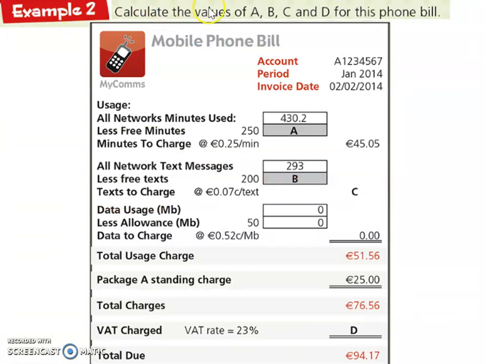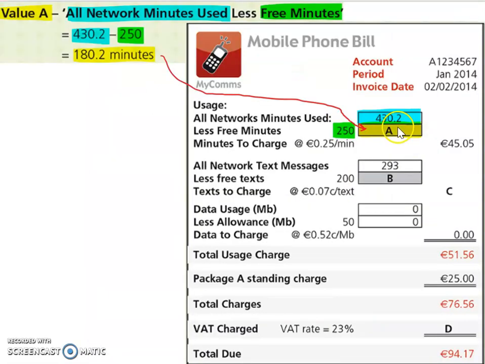Example 2. Calculate the values of A, B, C, and D for this phone bill. So we want to work out A, B, C, and D. Let's start with A. A is our usage, so it's all network minutes used.